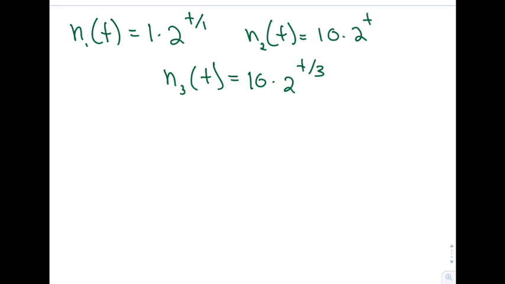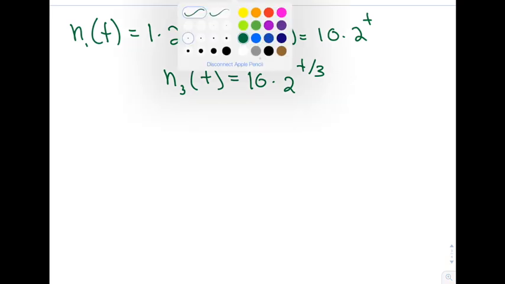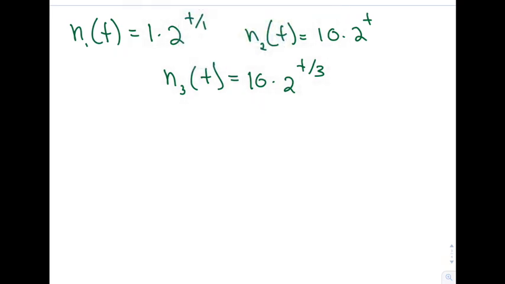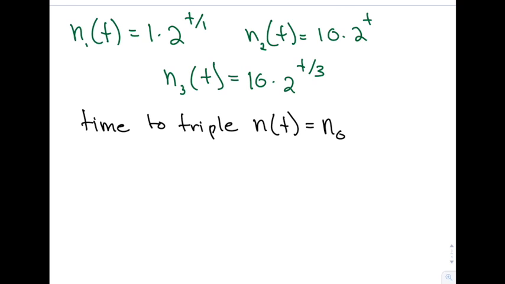We could write equations for different growth rates too. We don't necessarily have to use 2. We could look at time to triple, and we would just use a base of 3 instead of 2, right? That would be the same kind of idea as before. We would begin with some population n naught and triple every a units of time, so t over a.